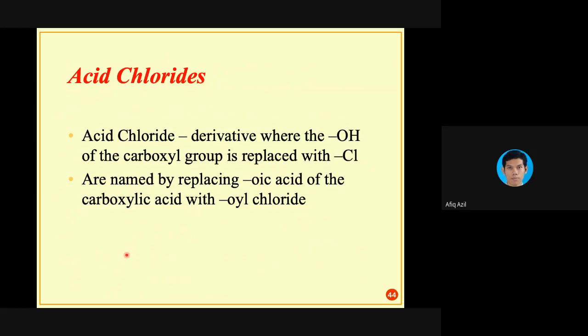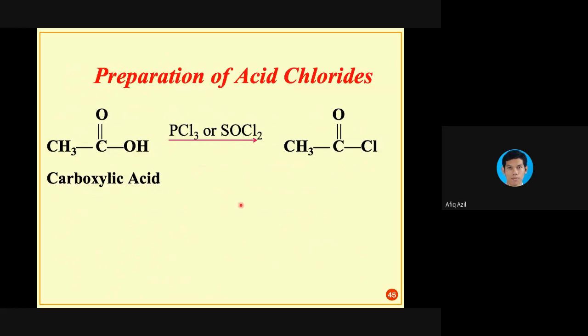So acid chloride is a derivative where the OH of the carboxyl group is replaced with the Cl, with a chlorine. They are named by replacing the oic acid of the carboxylic acid with oyl chloride.